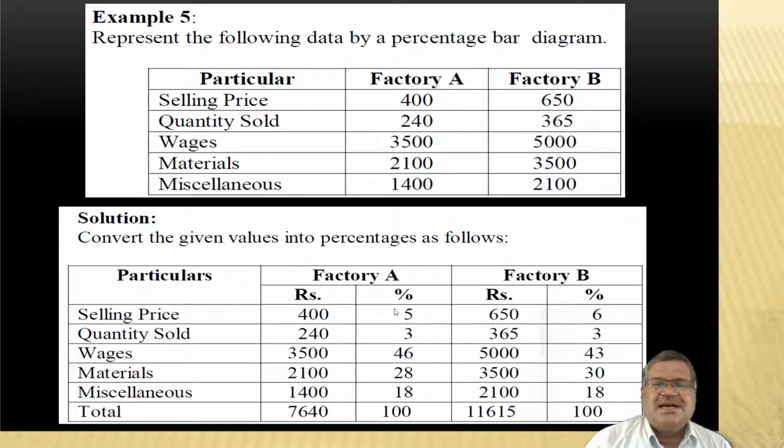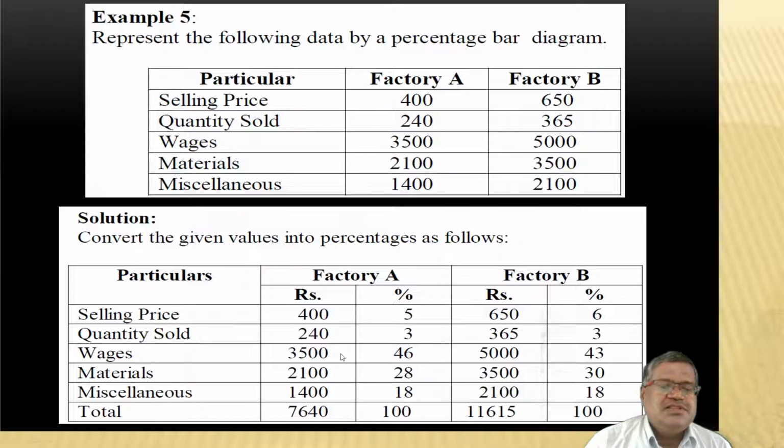The conversion of items into percentage is item divided by total of items into 100, which gives us the percentage of a particular item. Here for selling price, 400 by 7640 into 100 gives us 5%. This is 240 by 7640 into 100 gives us 3%.